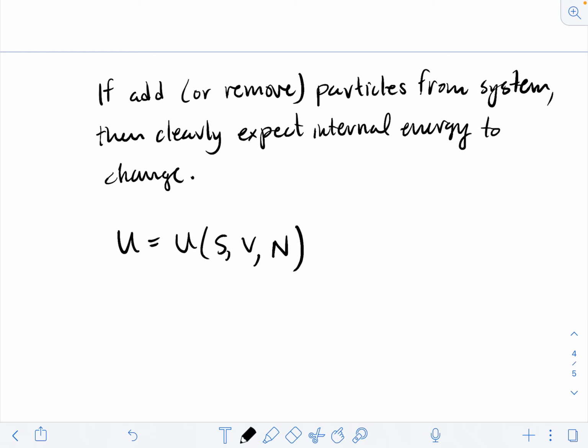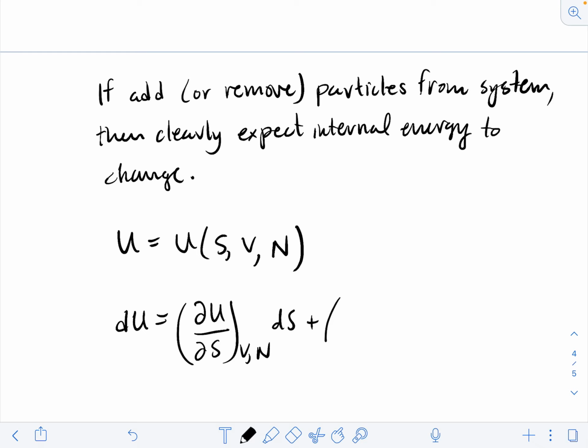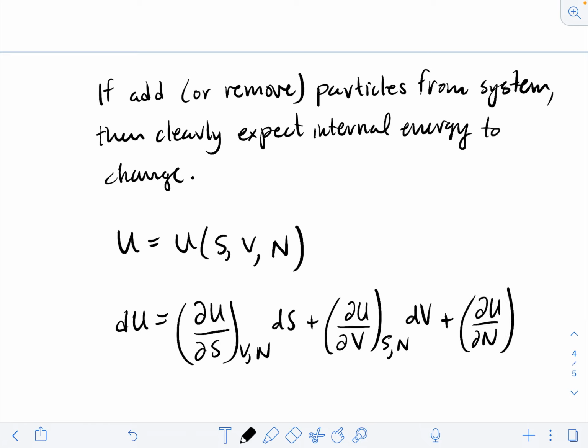In that case, if we take a differential of the internal energy, we get dU/dS, keeping the volume and N constant, plus dU/dV, keeping entropy and N constant. And now we're going to get a new term: dU/dN, keeping S and the volume constant.